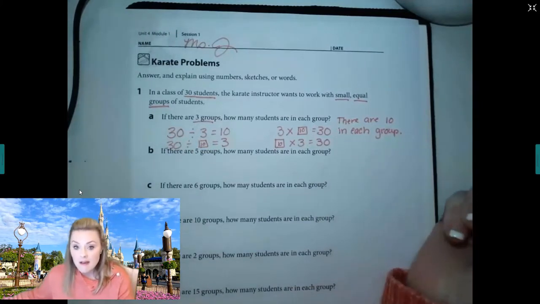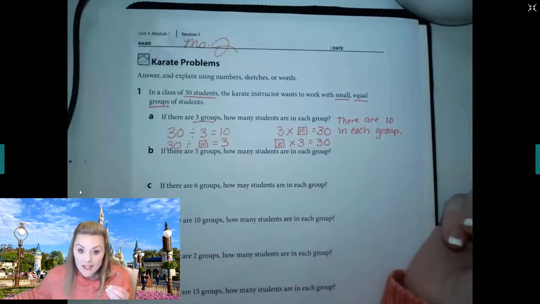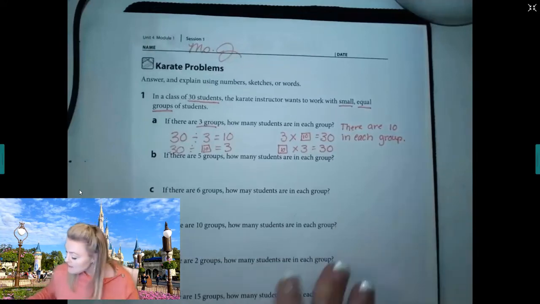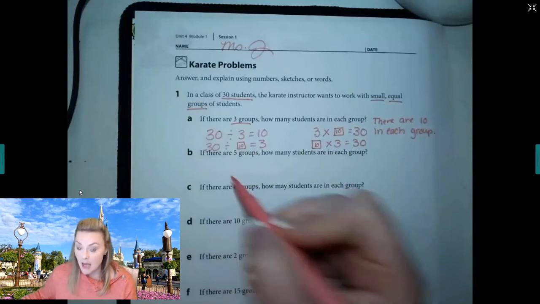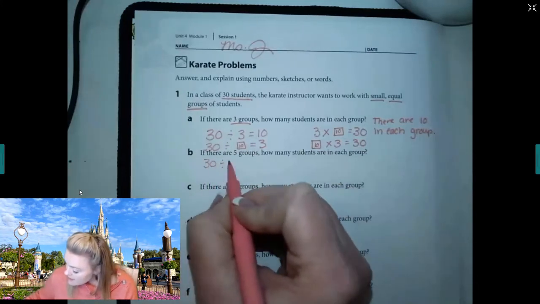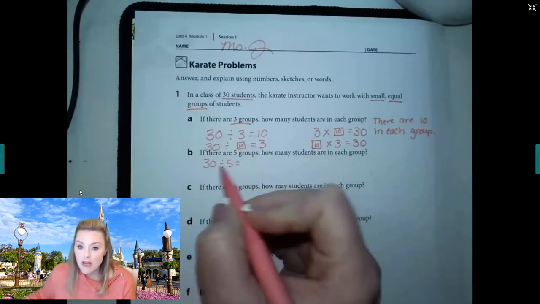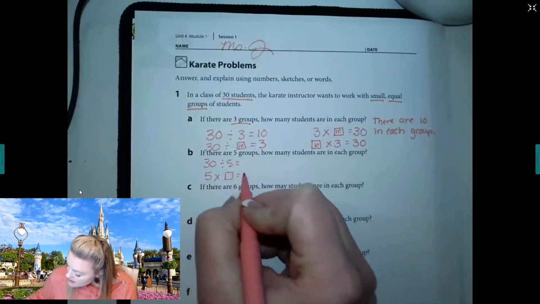Explaining your thinking helps your teacher understand where your brain is at, because it's really difficult for us to grade papers or to know what you're thinking if you don't explain your work. Okay, let's go to letter B. If there are 5 groups, how many would be in each group? So same thing, I'm going to take my 30 and divide it by 5, and I'm just going to use one multiplication sentence this time. 5 times what is equal to 30?